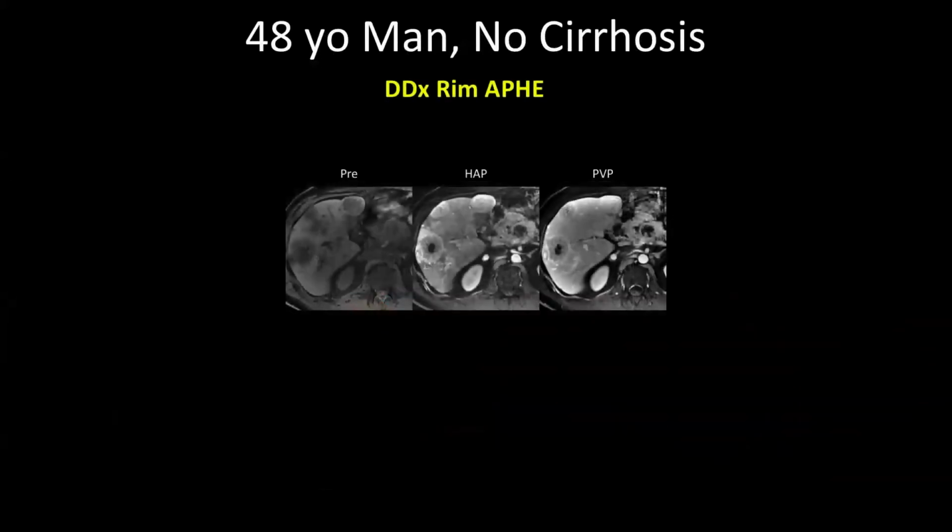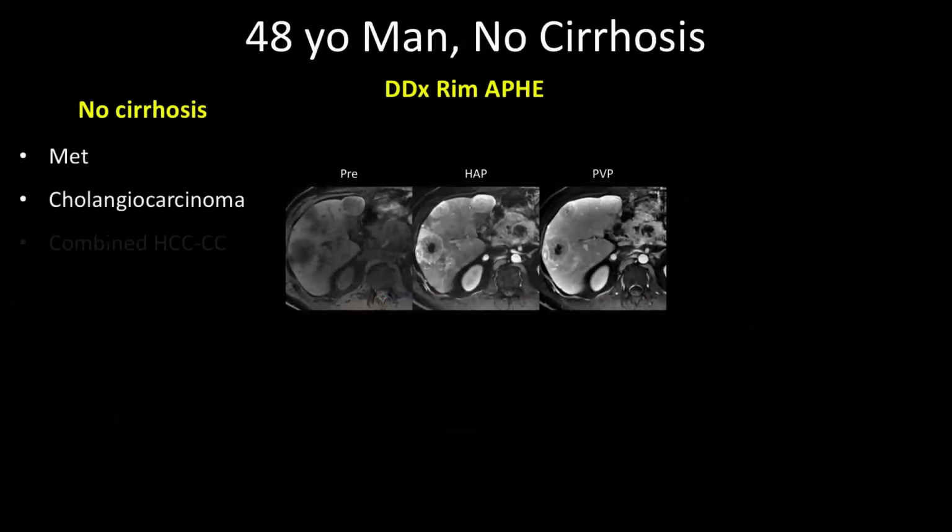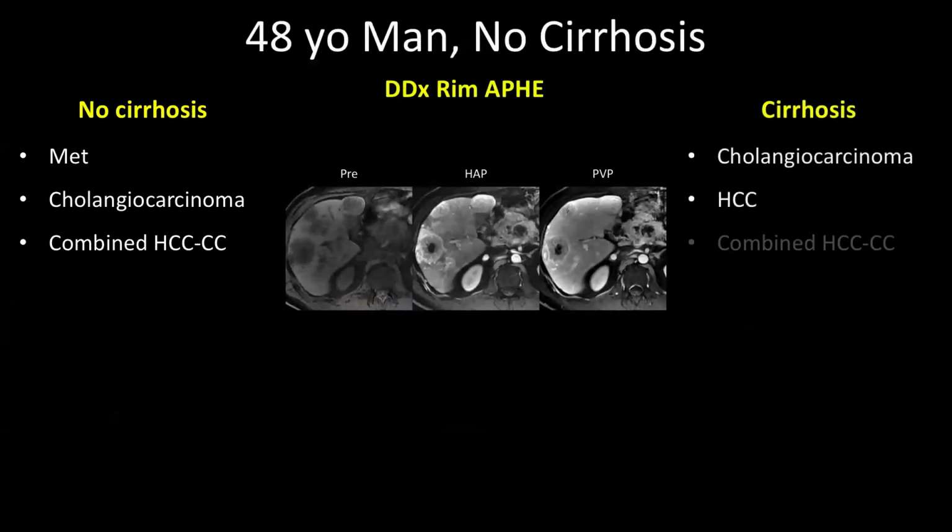Okay, so what's the differential diagnosis for rim enhancement? Again, we stratify: does the patient have cirrhosis or not? If the patient doesn't have cirrhosis, then this is a metastasis, or a cholangiocarcinoma, or a combined HCC cholangiocarcinoma. If the patient has cirrhosis, then it's a cholangiocarcinoma, an HCC, a combined HCC cholangiocarcinoma, or a metastasis.